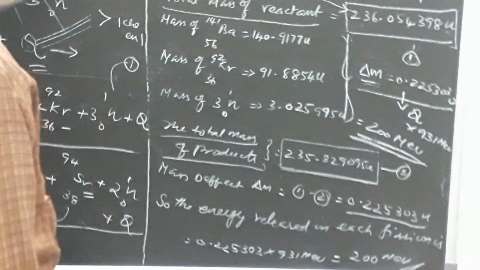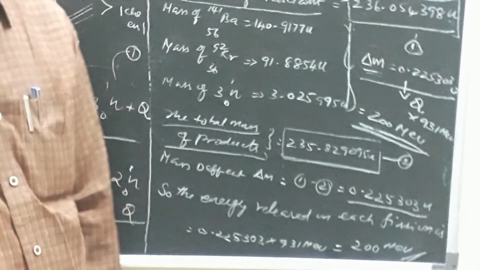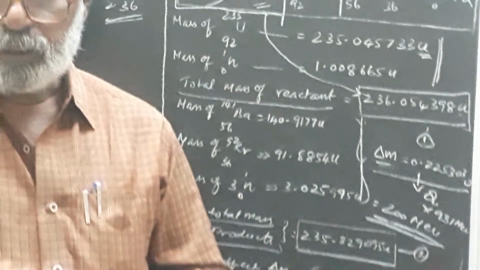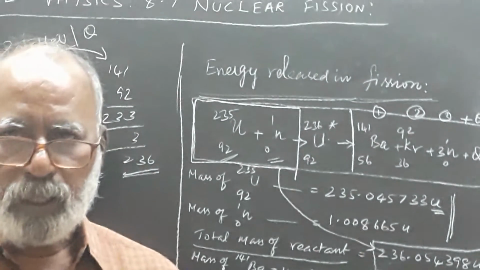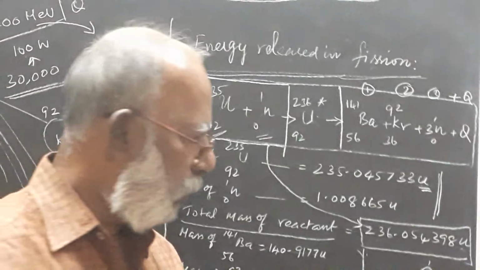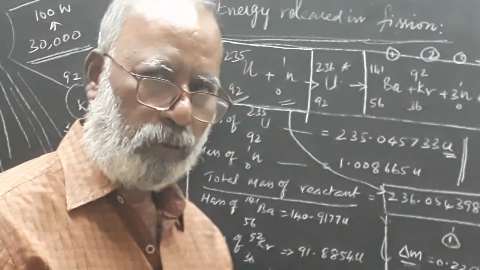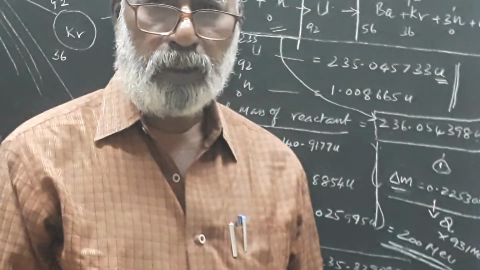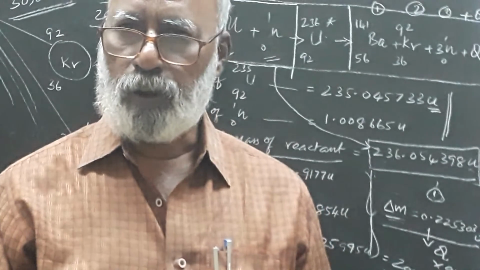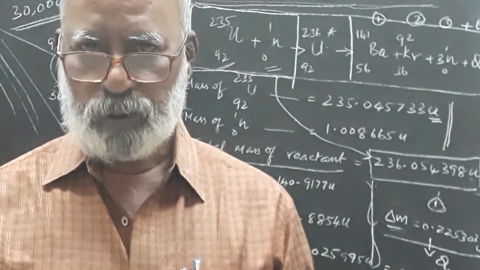That's why it is a very important question, a 5 mark question for the annual exam also. So we concluded that when the fission process takes place, if you want to obtain this amount of 200 million electron volt from chemical energy, more than 20,000 tons of chemicals you would have to burn.